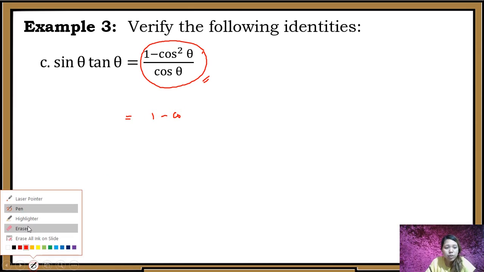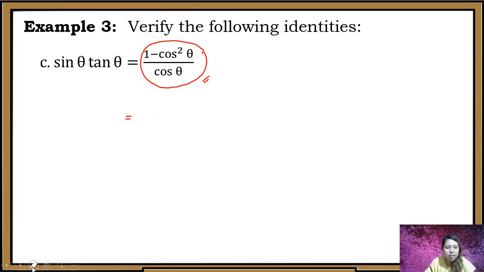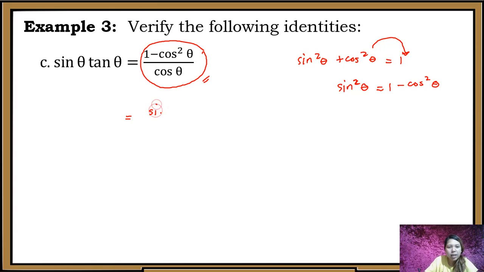That's equivalent to sine squared theta, since you know that sine squared theta plus cosine squared theta is equal to 1. So 1 minus cosine squared theta is sine squared theta. So this can be written as sine squared theta over cosine theta.